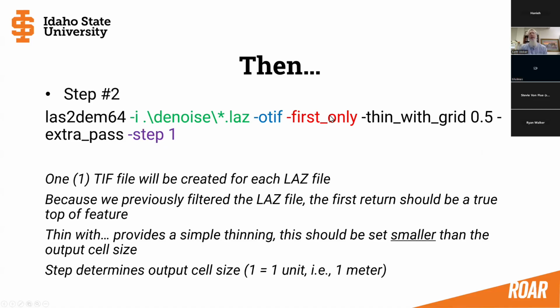Then, once we finish the denoise process, we're going to run a second step, also in last tools, and this is called last to DEM 64. Again, a 64-bit version. It says DEM, and it also says last. We're processing with LAZs. That's fine. It's not really creating a DEM. It doesn't matter.